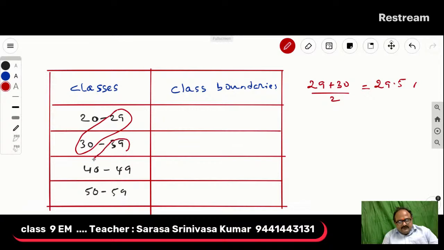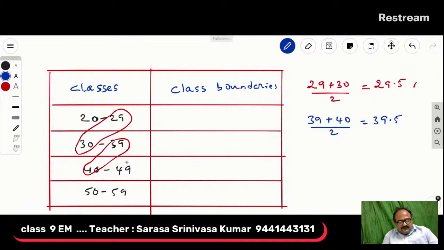And the next one is 39 plus 40 by 2. This is equal to 39.5.